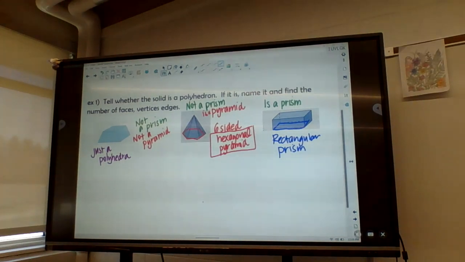Now it asks us to also find the number of faces, vertices, and edges. We don't have to do all of these, but we'll see how we do here.